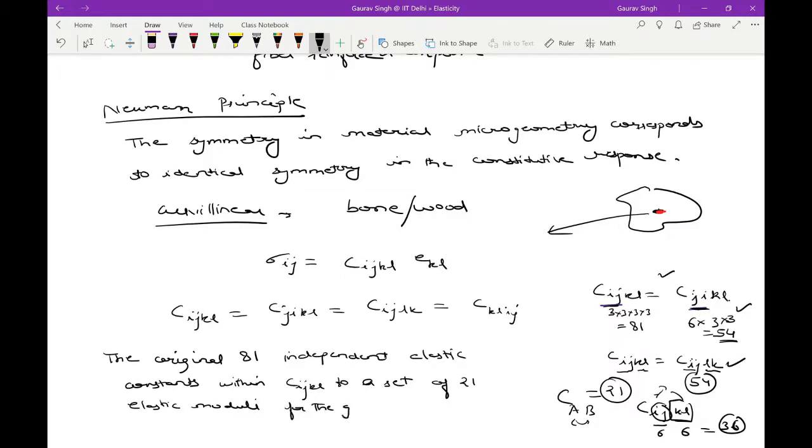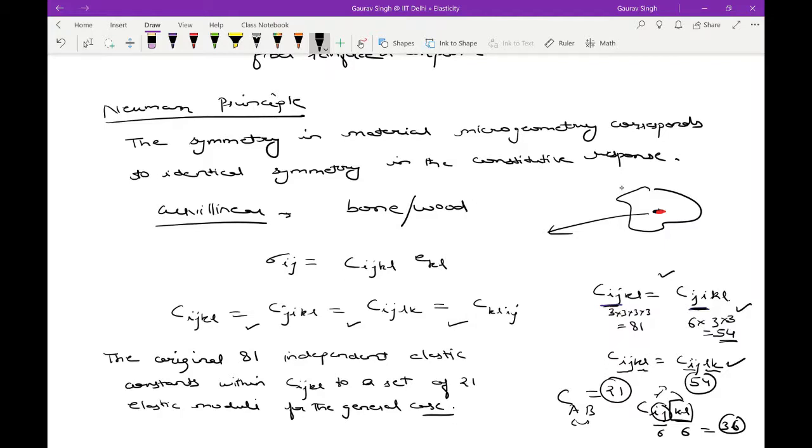Okay, this is still valid when the material is anisotropic. Reason: this requires only the symmetry of stress tensor, this requires the symmetry of strain tensor, and this is due to the existence of the concept of strain energy density.